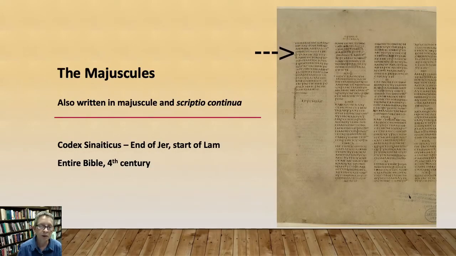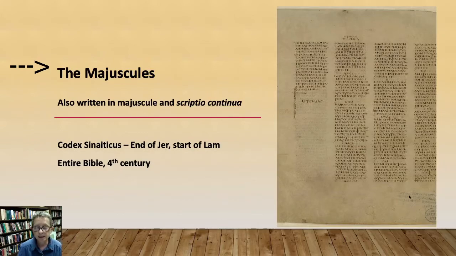So actually, it looks a lot more like a scroll does, and it could be that there was an attempt there to imitate the scroll. But as I said, these are all written on parchment. Parchment is leather, or it's animal skin, but it's treated in a different way than the leather scrolls were that the Jewish Old Testament is written on.